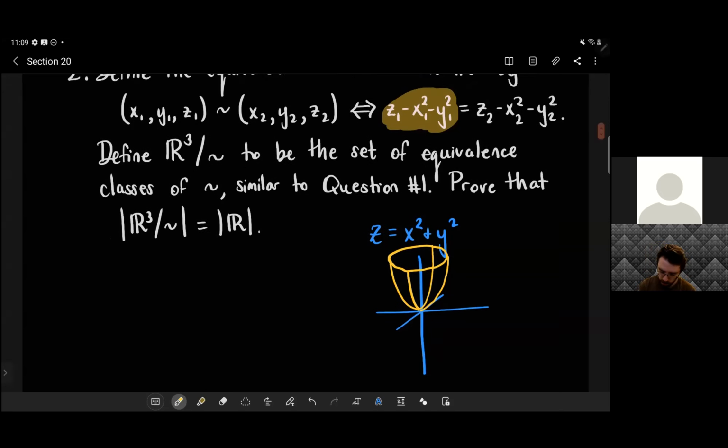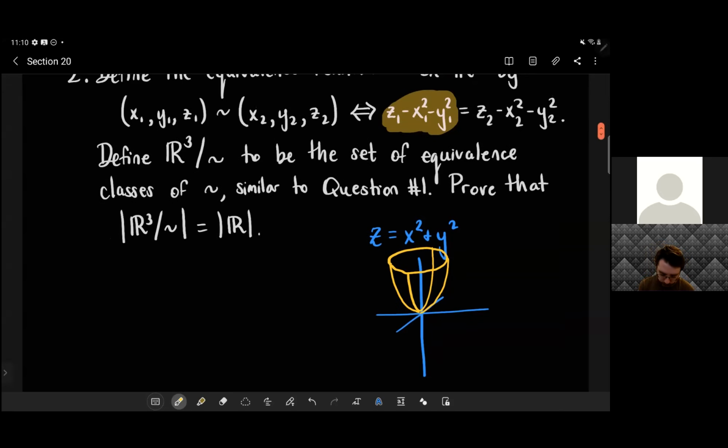and what this equivalence relation is saying is sort of 2 points in 3-dimensional space are related if they lie on the same paraboloid, which is a weird thing to say. This is the paraboloid x squared plus y squared, but I could add some constant term here and either shift it up or down. Right?